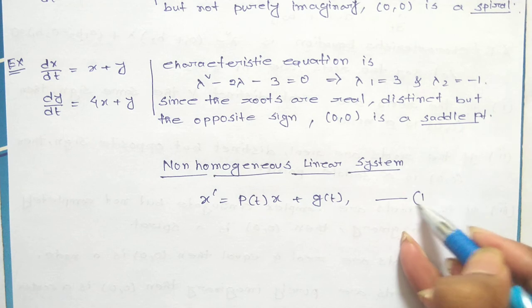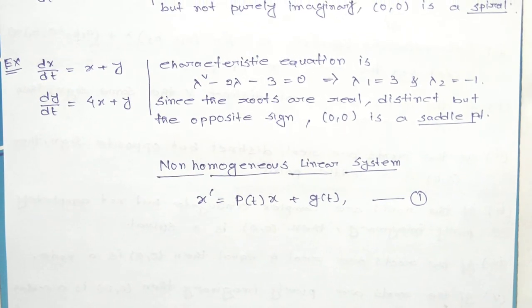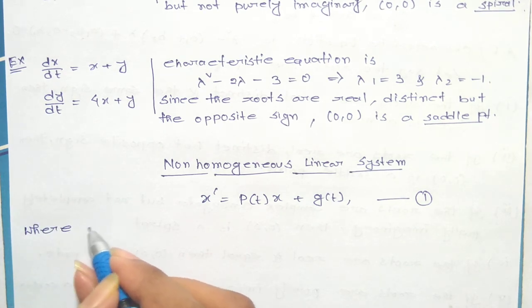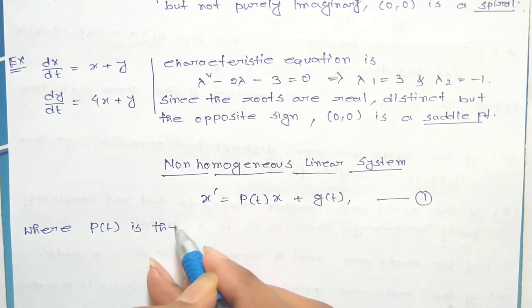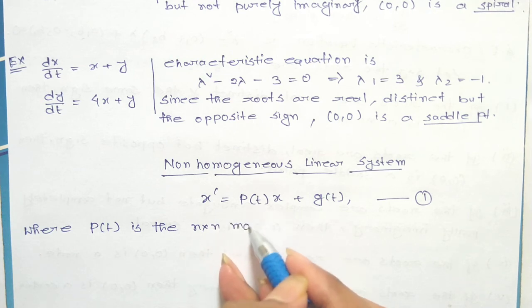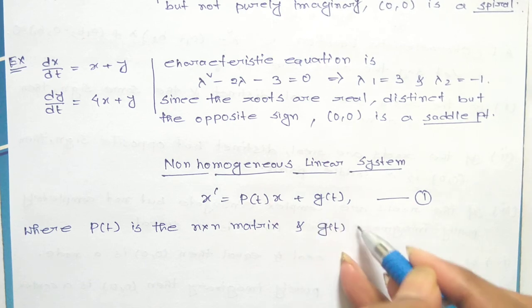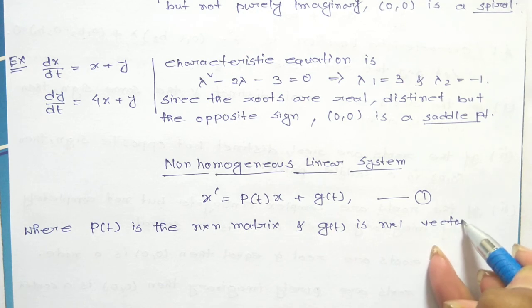Let's say this is our 1, where P of t is an n cross n matrix and g of t is an n cross 1 vector, mainly a column vector.